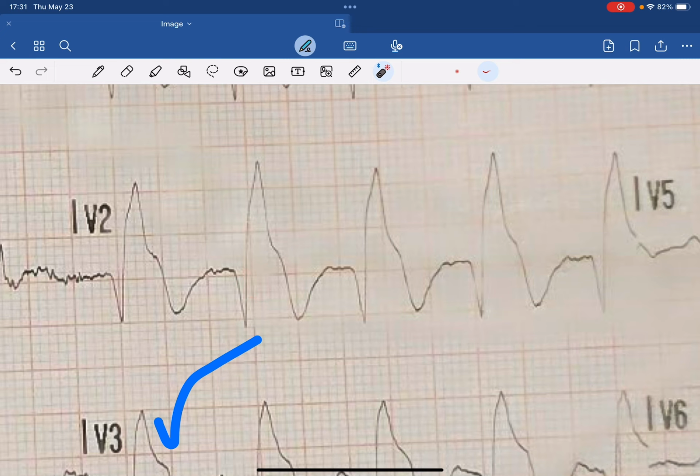The J point is going to be that. The T wave is right here. And if we draw a line across, we can see that the J point, again, is well above the isoelectric baseline. And so this also fulfills the STEMI criteria of being greater than or equal to 2 millimeters of elevation.